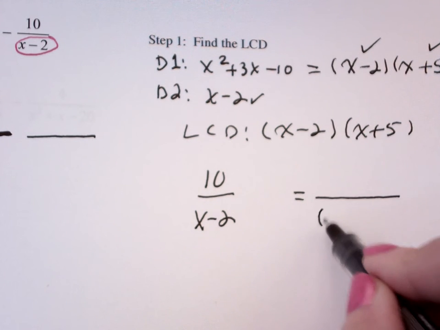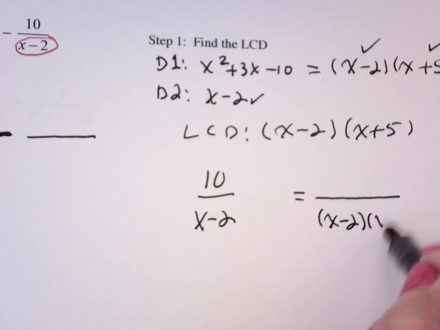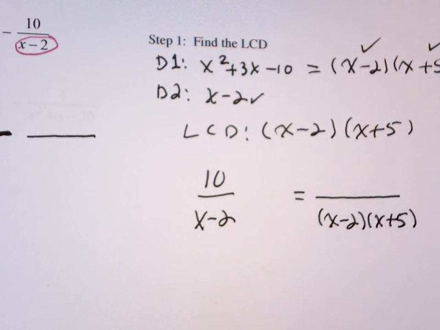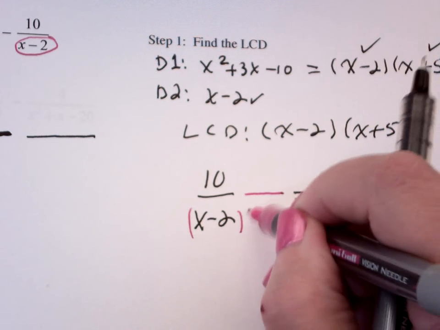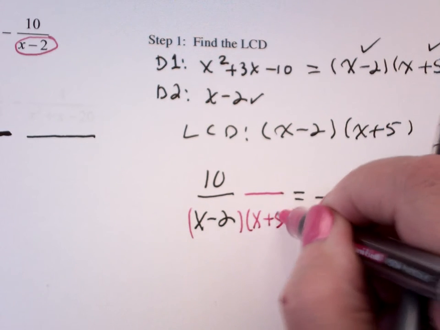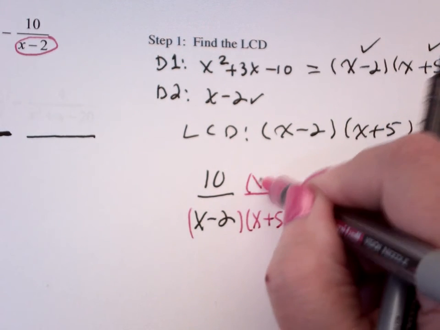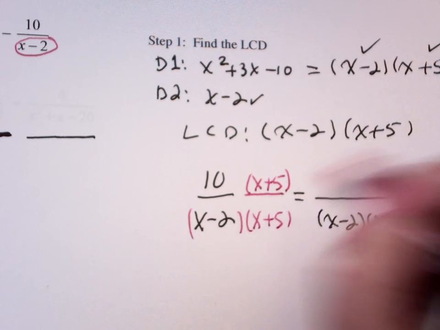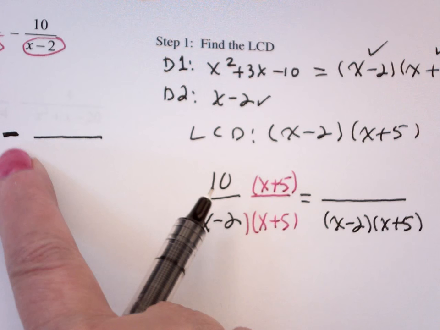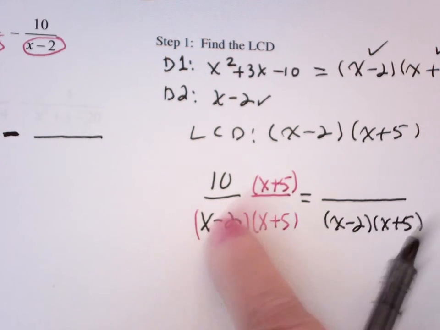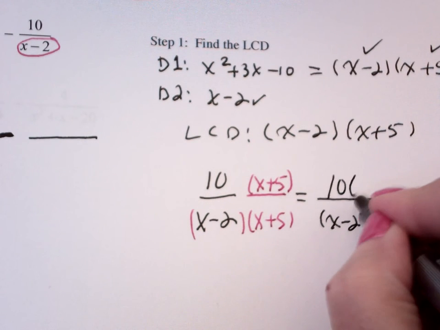This is going to have to be an x minus 2 and an x plus 5. So I'm going to multiply by x plus 5 because that's what it's missing. Again, because I've got a subtraction in between, I'm going to leave the 10 alone. I'm not going to multiply it out.